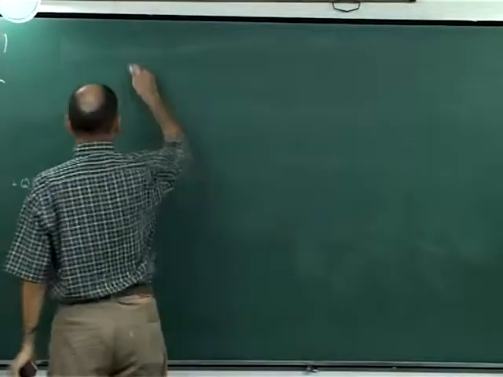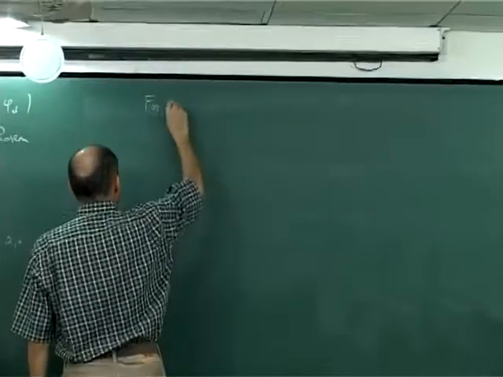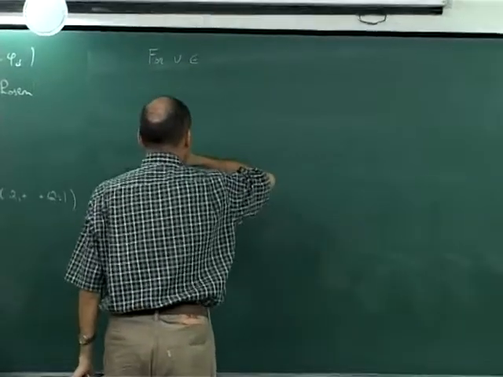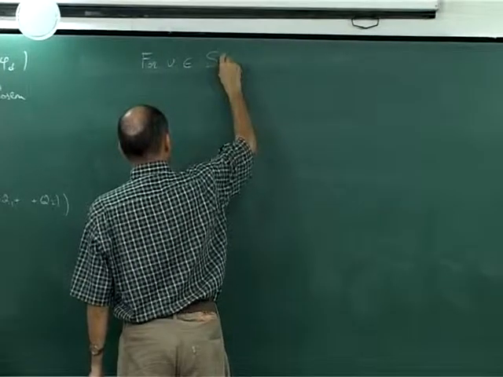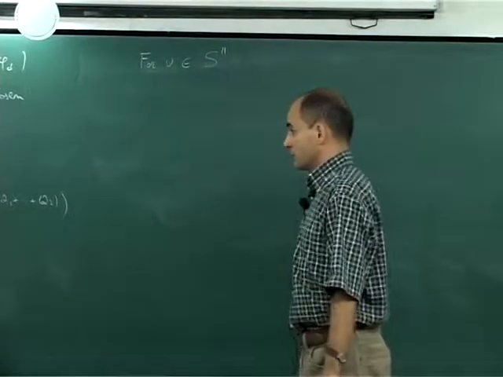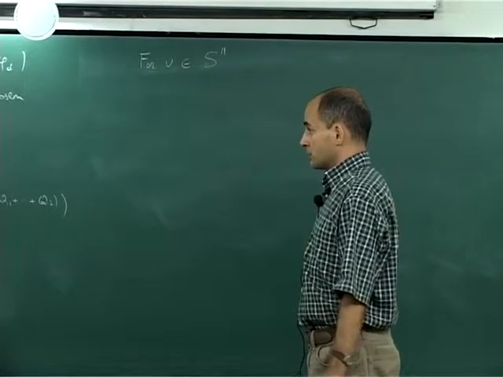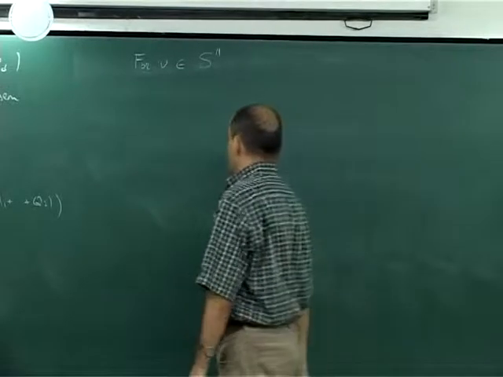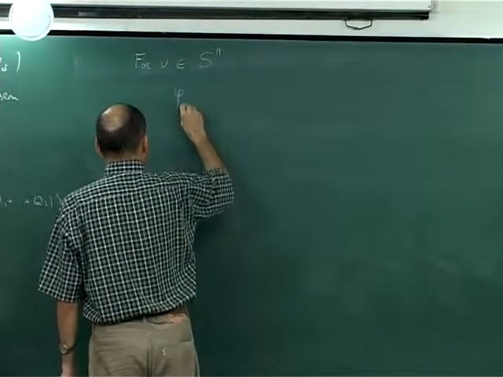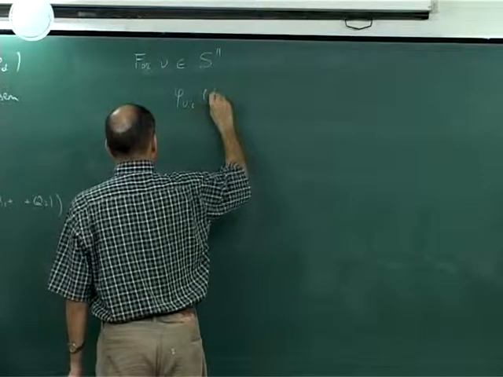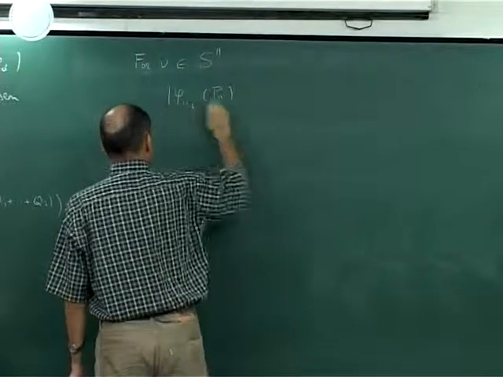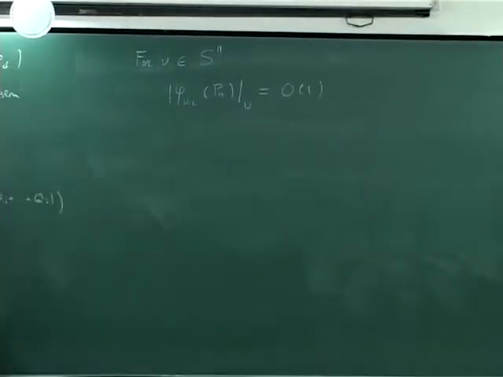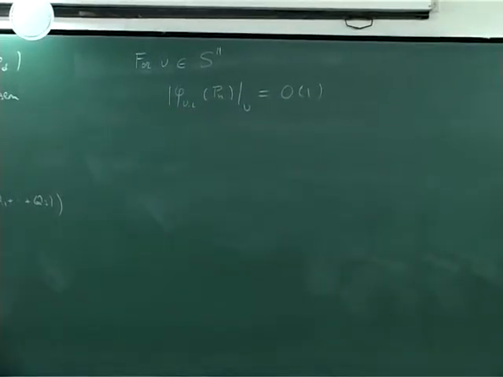Now for nu in S second, so when the target point P nu is not at infinity, I claim that phi nu I of Pn has nu-adic absolute value uniformly bounded independently of n.